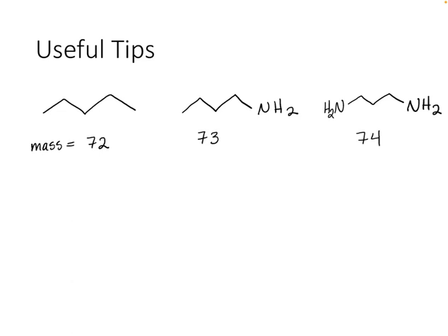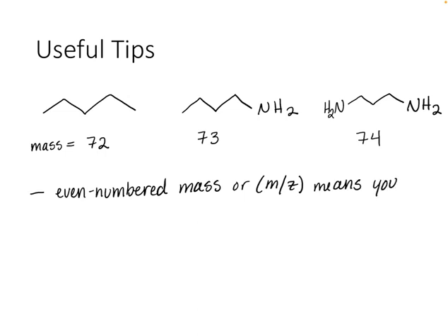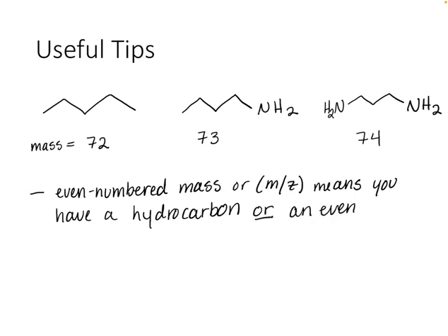So if you have an even numbered mass or mass to charge ratio, then you likely have a molecule without nitrogens or an even number of nitrogens. So let's write that down. An even numbered mass or mass to charge ratio means you have a hydrocarbon, so just carbons and hydrogens, or an even number of nitrogens.